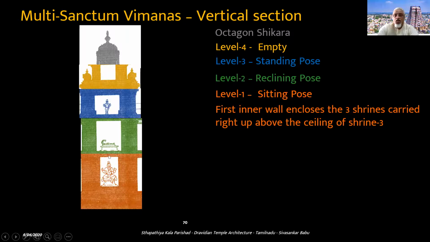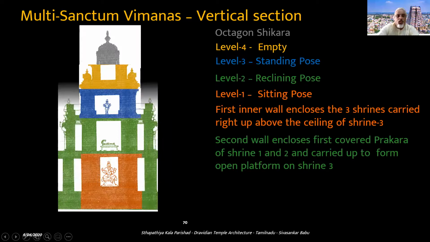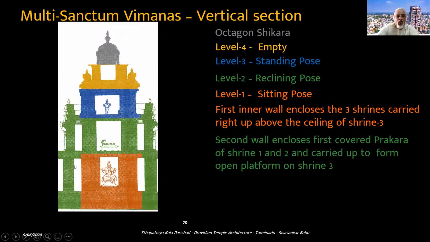This is the first inner wall. After this, the second wall encloses the first covered prakara of shrine 1 and carries up to shrine 2, and for the third shrine it forms an open platform. This is how it is. For shrines 1 and 2 it forms a prakara, and for the third one it is an open platform.